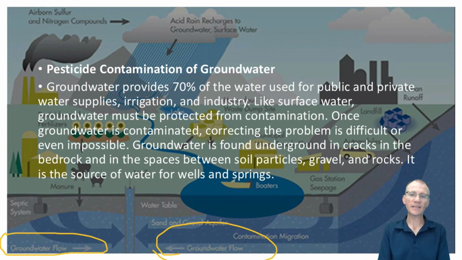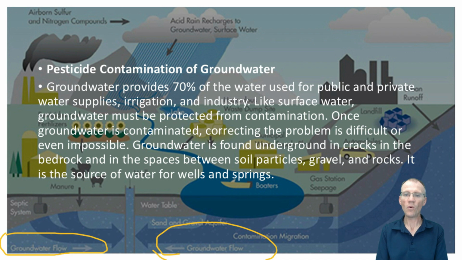Let's talk about pesticide contamination of groundwater. Groundwater provides 70% of the water used for public and private water supplies, irrigation, and industry. Like surface water, groundwater must be protected from contamination. Once groundwater is contaminated, correcting the problem is difficult or even impossible. Groundwater is found underground in cracks in the bedrock and in spaces between soil particles, gravel, and rocks.